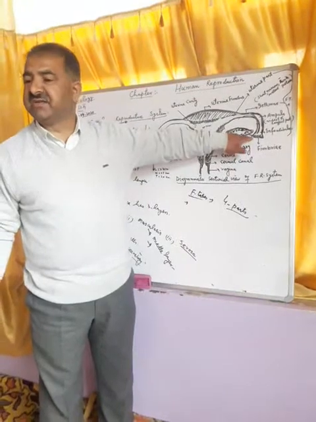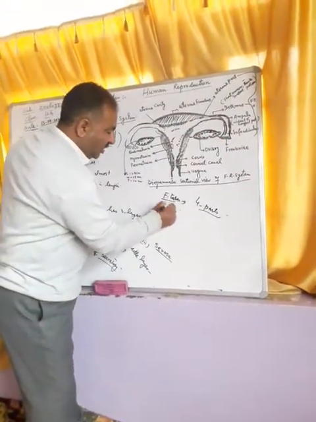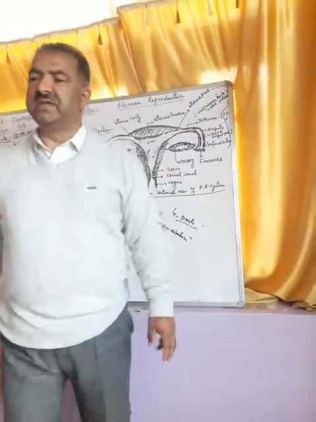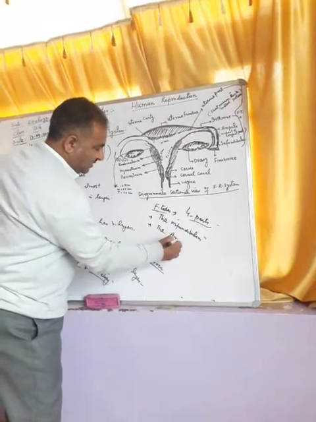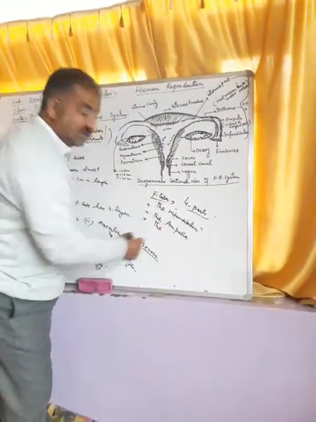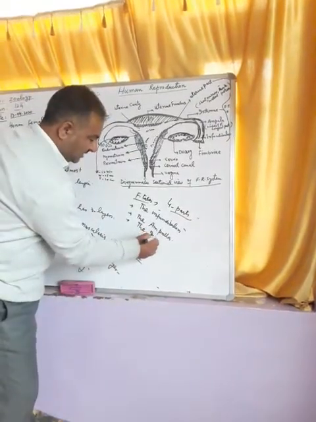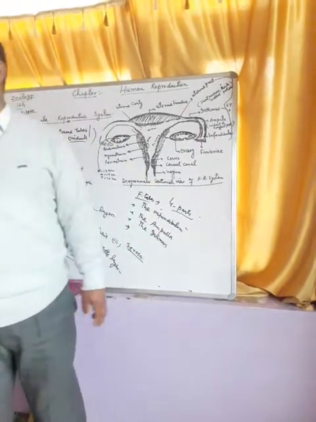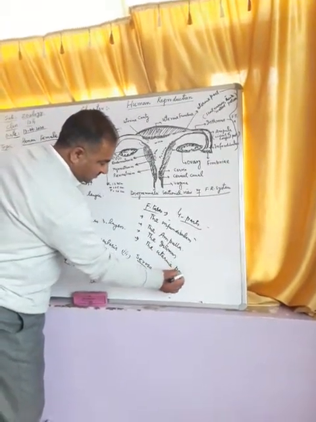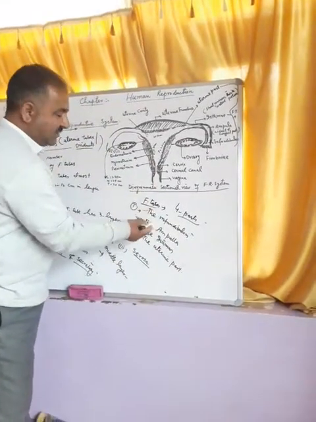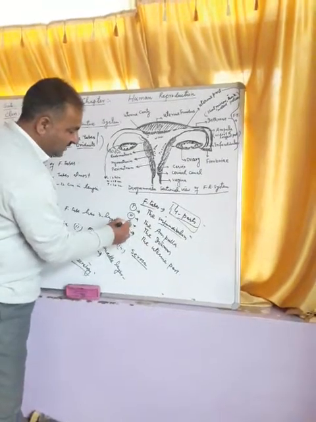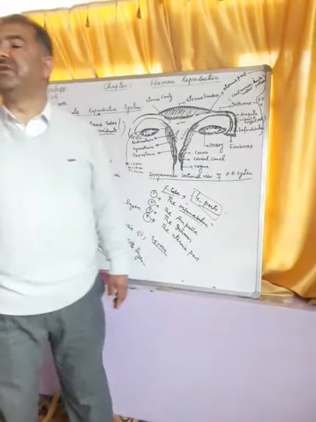The fallopian tube consists of 4 parts: the infundibulum, which is a finger-like or funnel-shaped part, second the ampulla, third the isthmus, and fourth the uterine part.